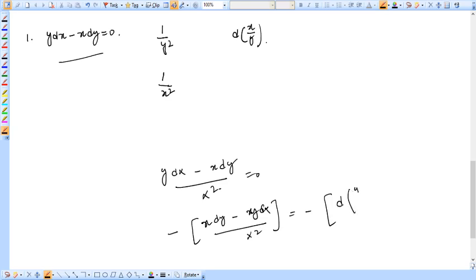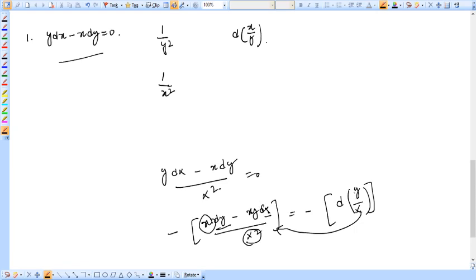So I can write it as the exact differential of y over x, because using the quotient rule, x square in the denominator and x as it is, dy minus y as it is, differentiation of the second function.